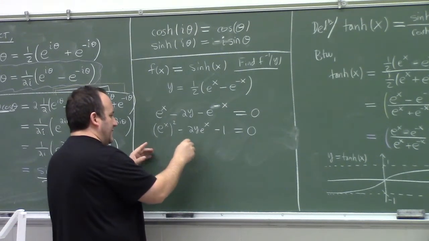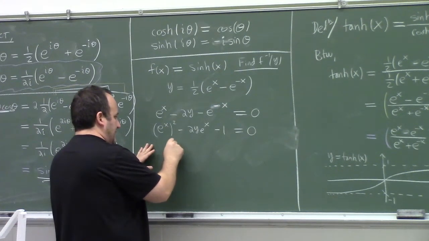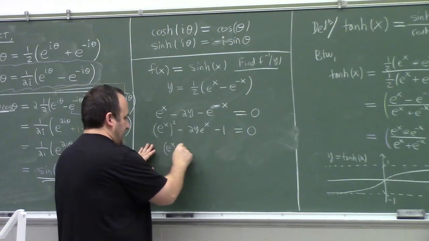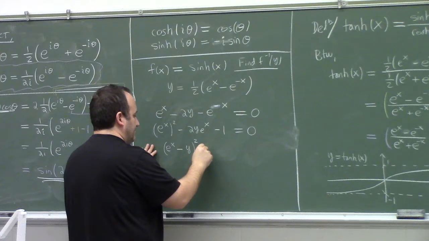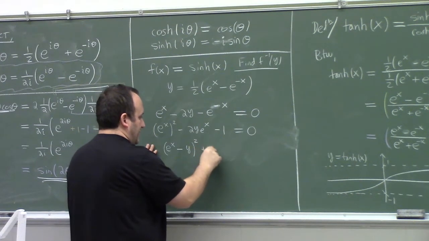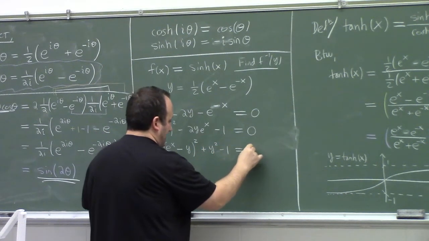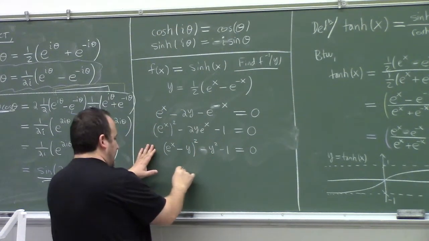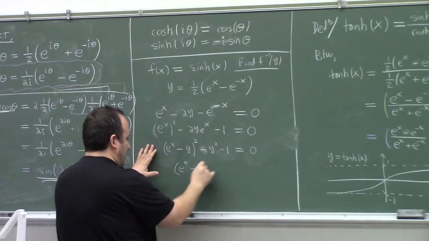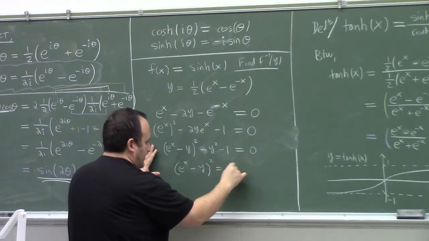I'll complete the square. We have (e to the x minus y) squared plus y squared minus 1 equals 0. Excuse me, I should subtract y squared. In other words, (e to the x minus y) squared equals 1 plus y squared.